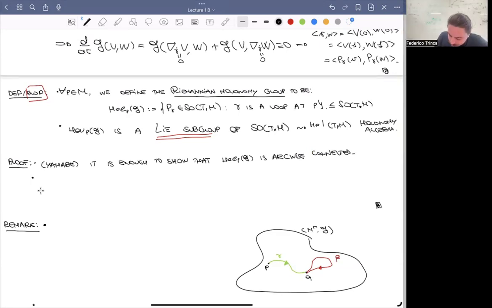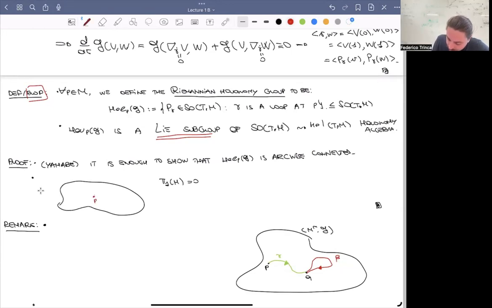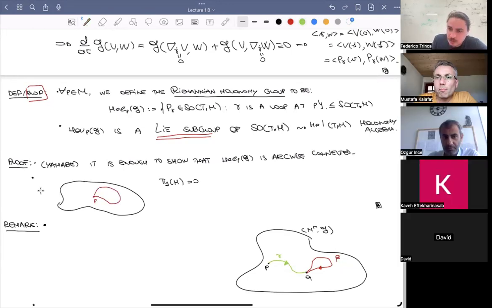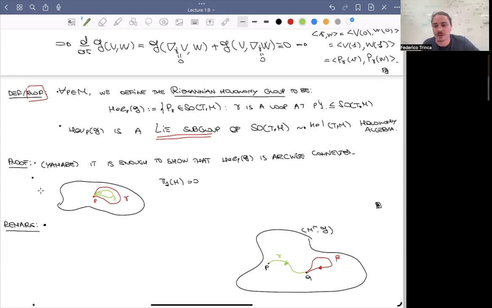And in order to show this, we have assumed that the first fundamental group is 0. So every loop based at p is going to be contractible. So it means that we have a path of loops. If this is my gamma, I have a path of loops gamma_s, which is going to contract to the constant path.